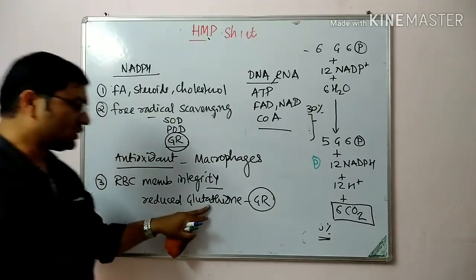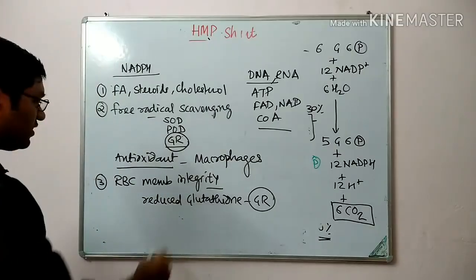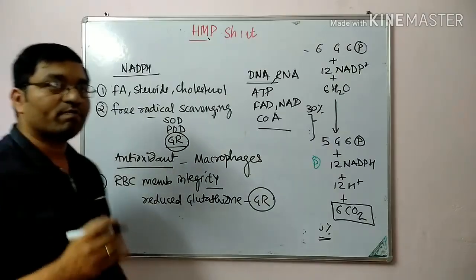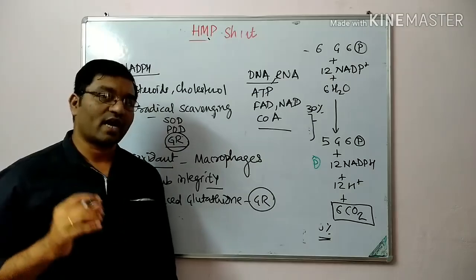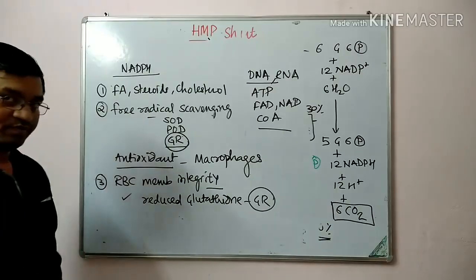This reduced glutathione is responsible for maintenance of the RBC membrane, and again this NADPH prevents the formation of methemoglobin. It keeps the iron in the ferrous state. So that's why it is important.